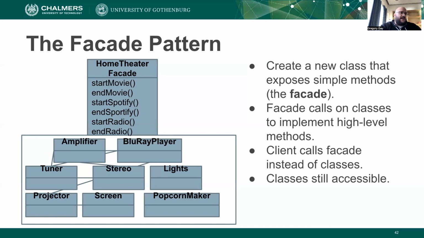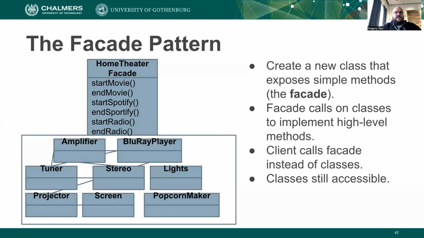Now, those classes are there if we need them in our system. We can still work directly with the Blu-ray player, work directly with the stereo if we need that advanced functionality. But what this does is it simplifies our interactions with that code the rest of the time. It decouples that subsystem, those different home theater components, from the client, from the calling code.